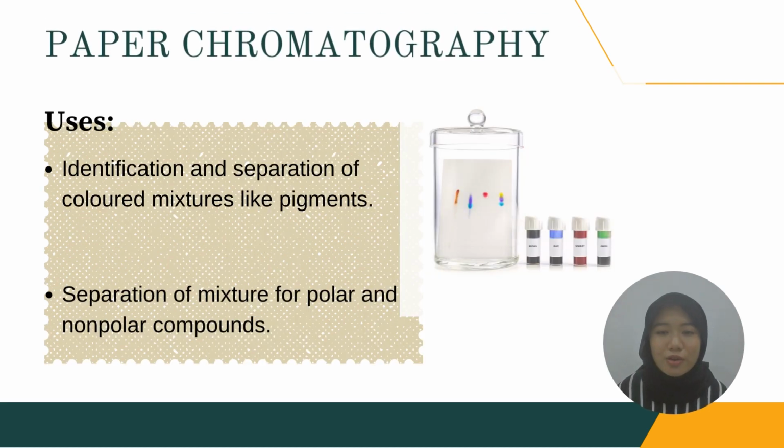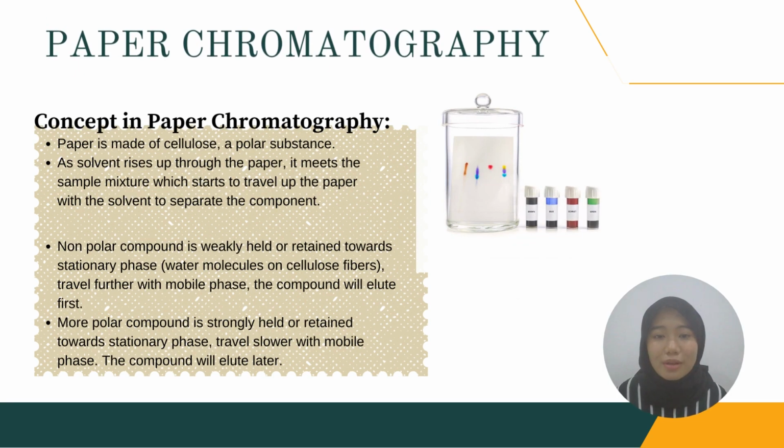So why do we use paper chromatography? Because we can do identification and separation of color mixtures like pigments, and separation of mixtures of polar and nonpolar compounds. The concept in paper chromatography is that paper is made of cellulose, a polar substance. As the solvent rises up through the paper, the sample mixture starts to travel up the paper with the solvent to separate the components.